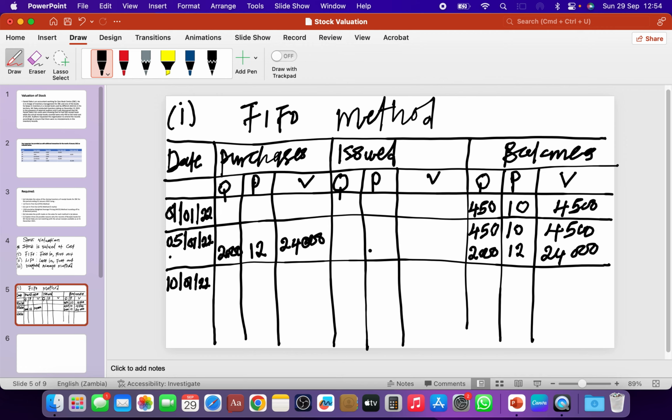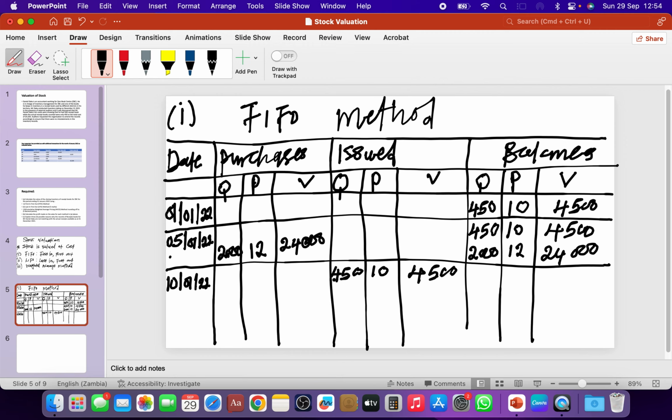So we issue from this column here for issued stock. We have 450. We issue it out. This stock is valued at $10. If we multiply, it gives you 4,500. Remember, the total number of items that we need to issue out is 1,500. From 1,500, we have given the customer 450. So you say 1,500 minus 450.